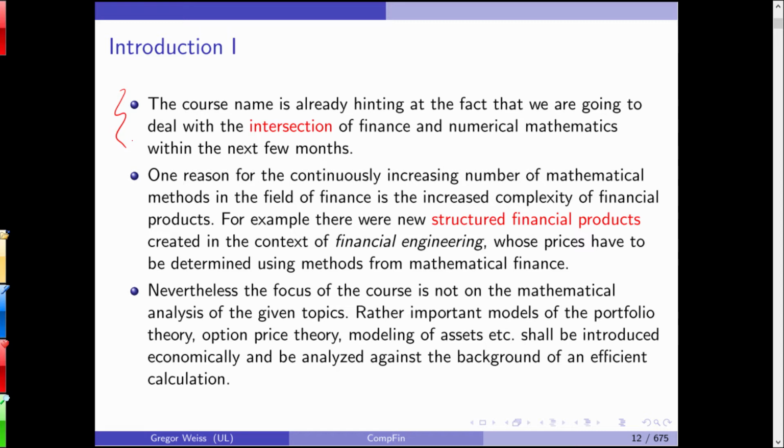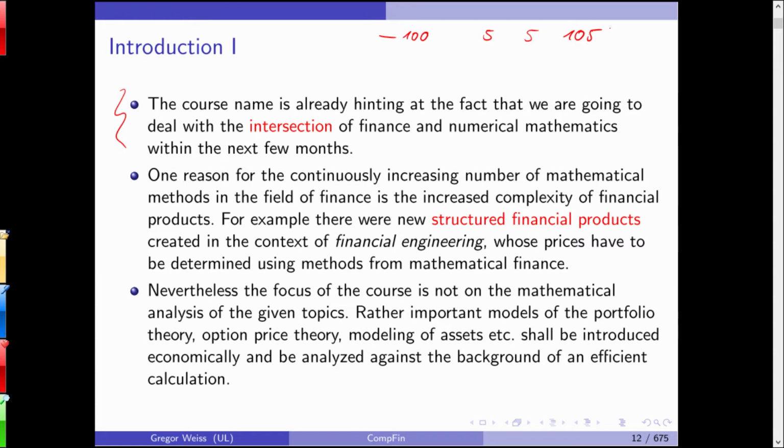Okay. Financial engineering is a very colorful name for doing the following. For example, if you buy a bond, you will usually have a cash flow stream that looks like this. Now assume you don't want this particular cash flow stream.